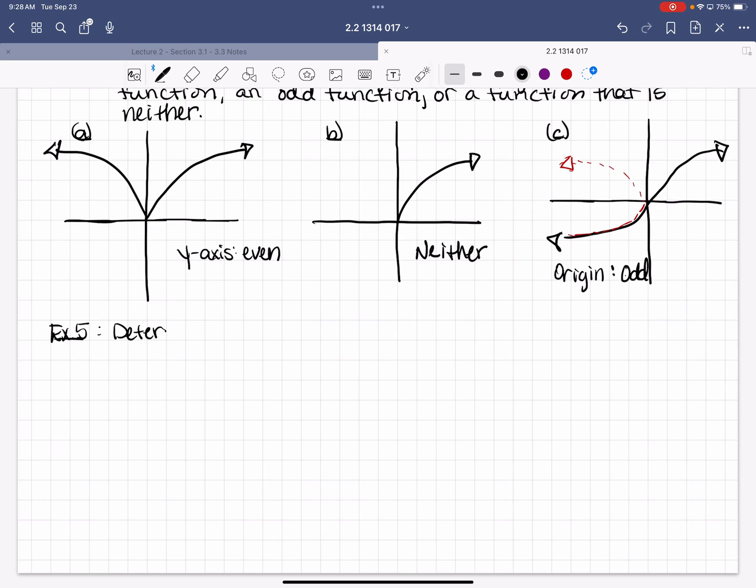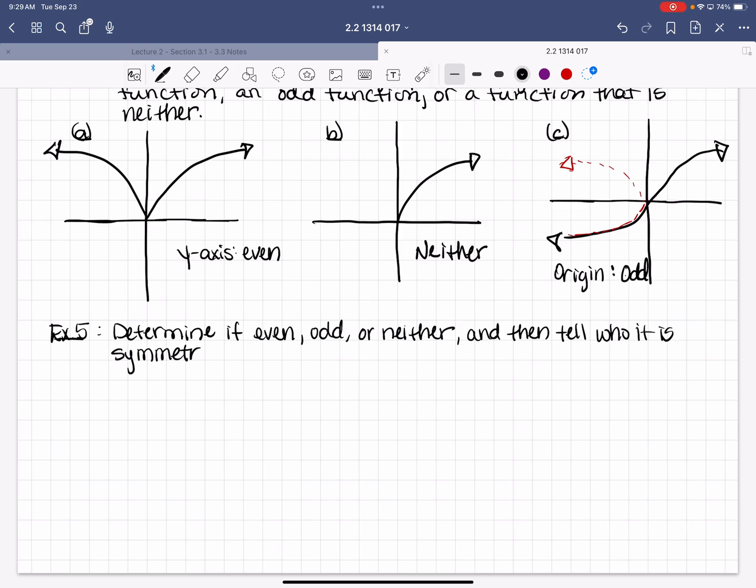Determine if, and I'm going to shorten these directions, even, odd, or neither, and then tell who it is symmetric about.